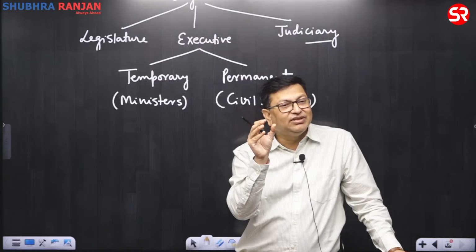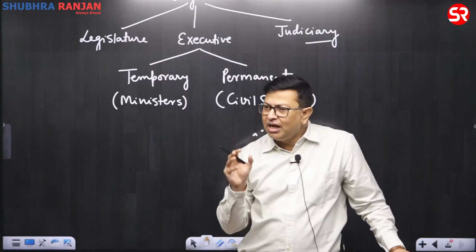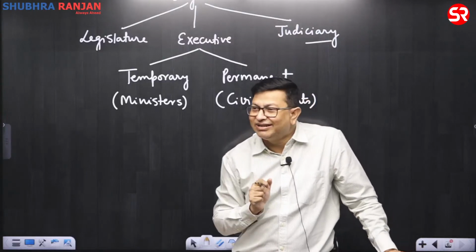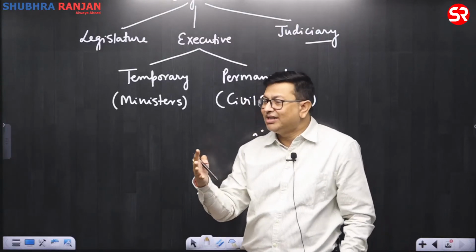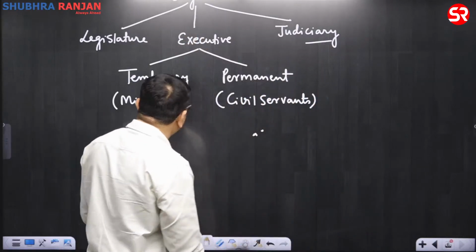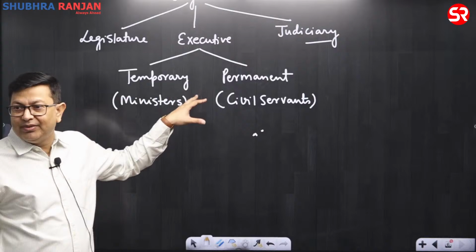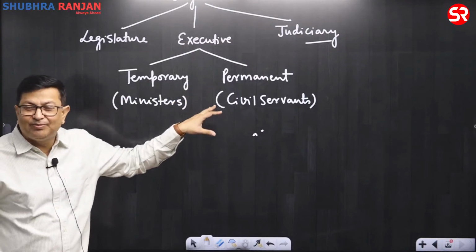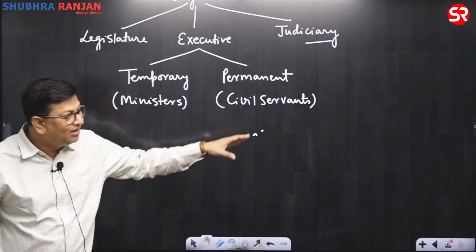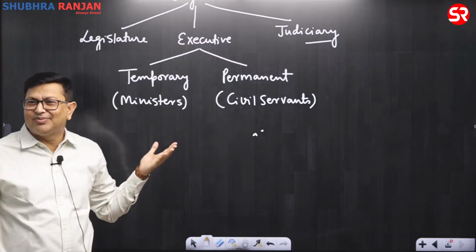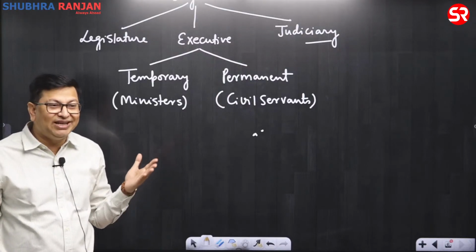How the members of the Senate will be elected, how the members of the House of Representatives will be elected, how the bills will be passed, everything has been mentioned in the Constitution of United States of America. Similarly, the American president, his election, his impeachment, his powers, responsibilities, everything, and then the provisions regarding the judiciary. The same is with respect to the constitution of every country.